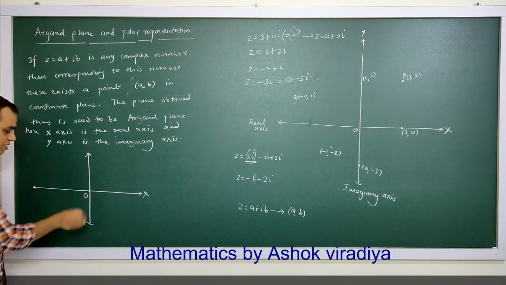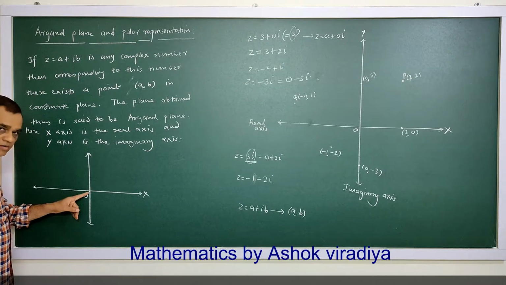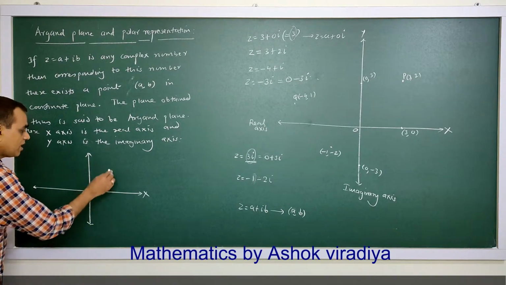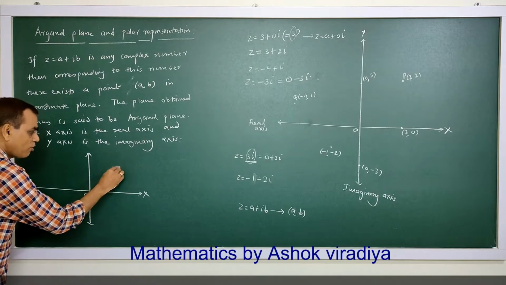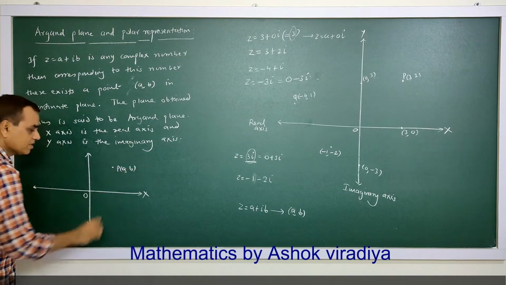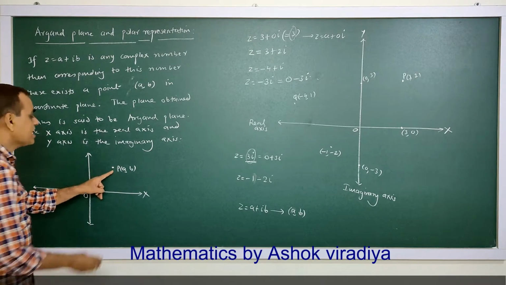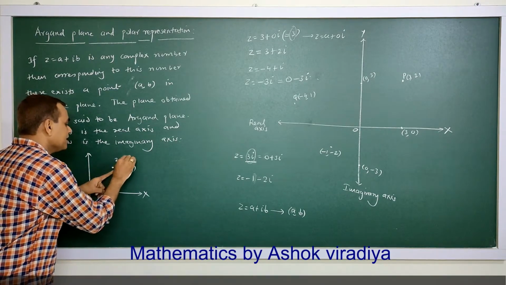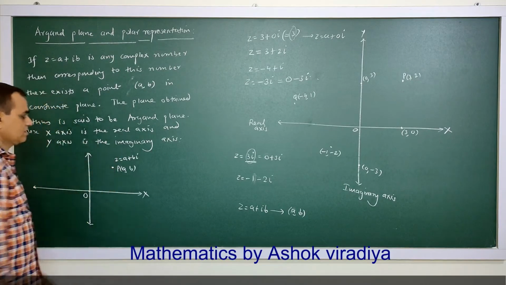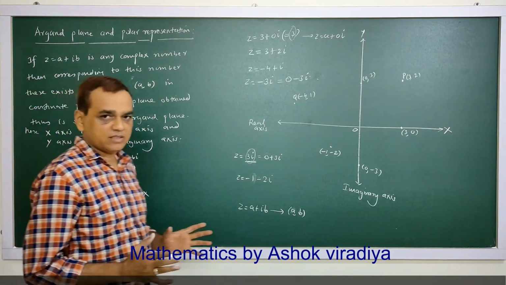This is the origin. It is said to be the pole. Now, if this point is (a, b), then it corresponds to a plus bi. So that is the meaning of the Argand plane.